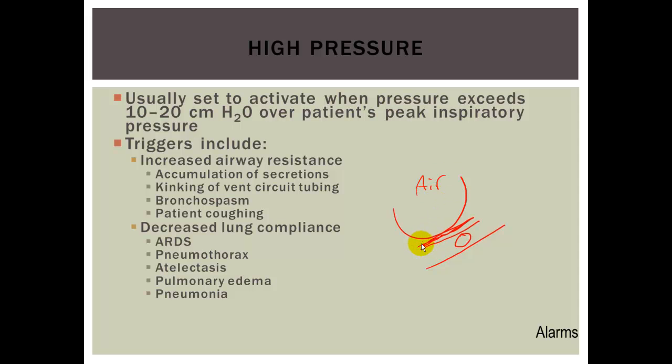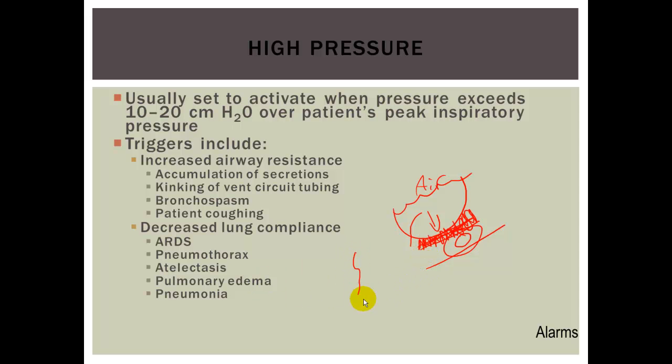So in ARDS, we see a thickening of this area. That causes a decreased amount of oxygen transfer into the red blood cell. It also causes interstitial fluids to spill into the alveolar sac. So both of these decrease lung compliance.